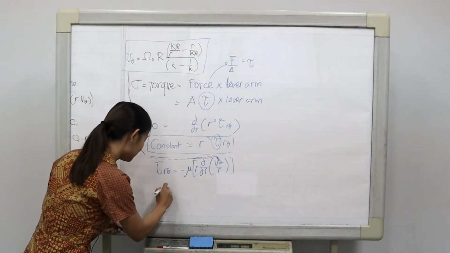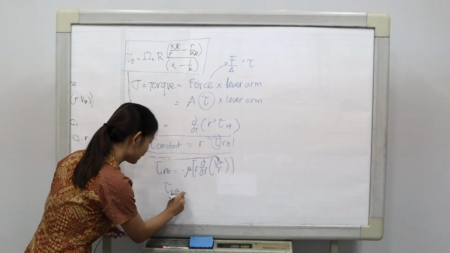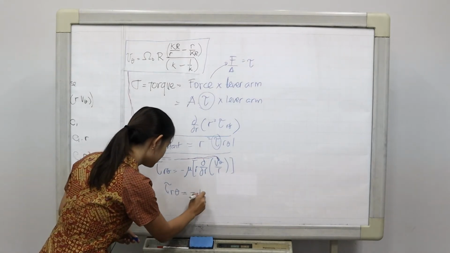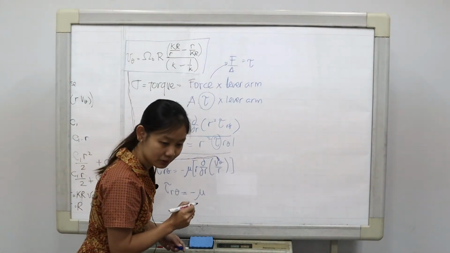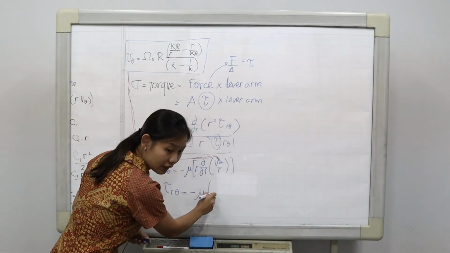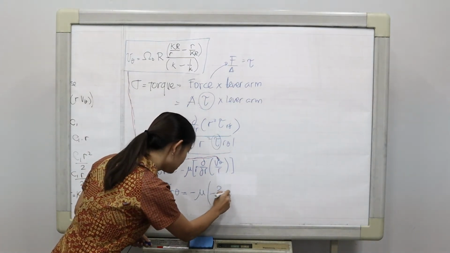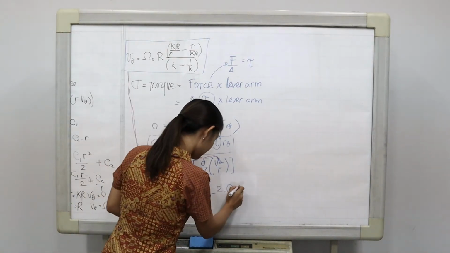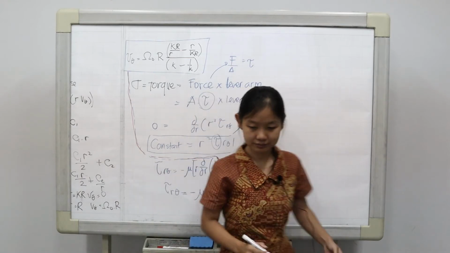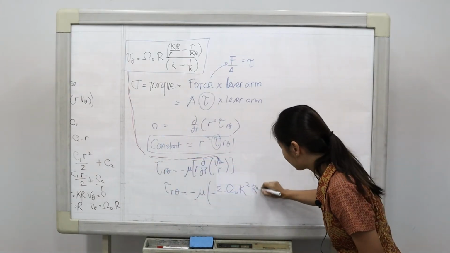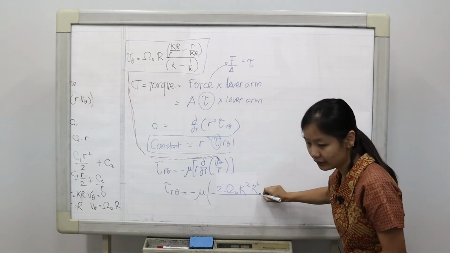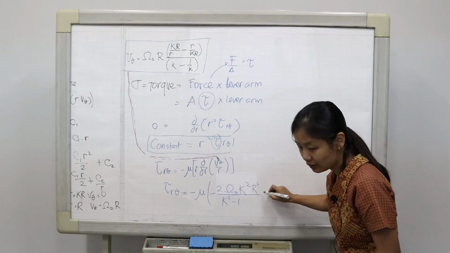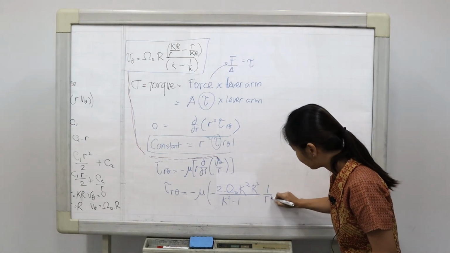At the end, what we're going to have is tau r theta equal to minus mu times minus 2 omega 0 r square divided by square minus 1 times 1 over r square.